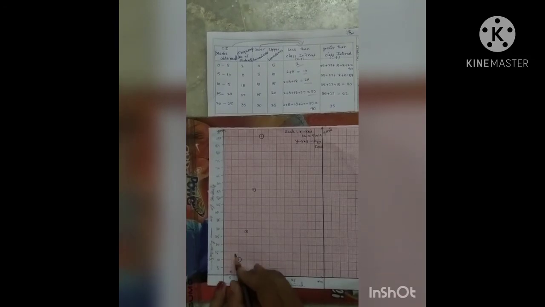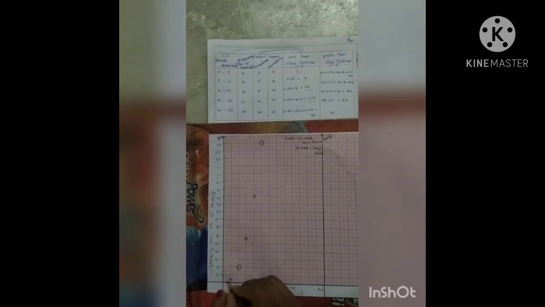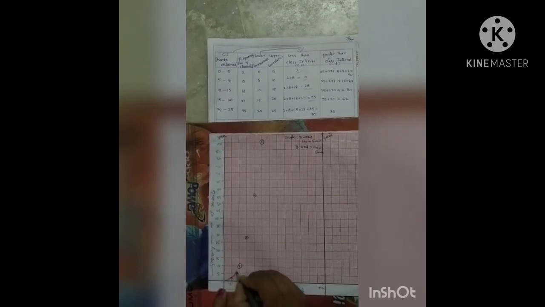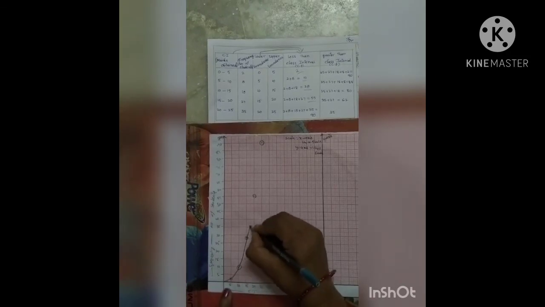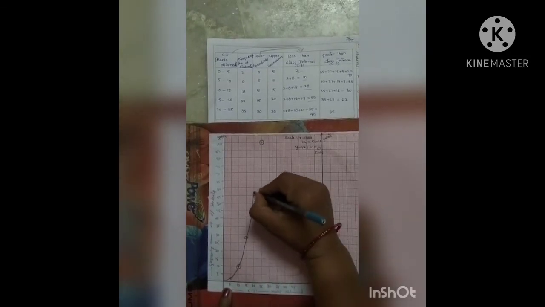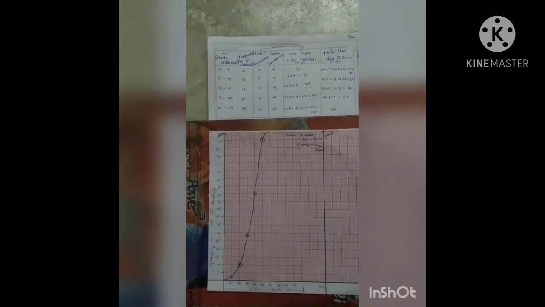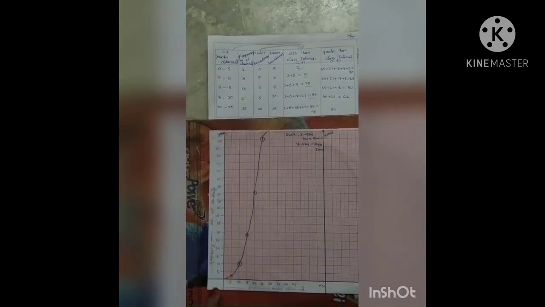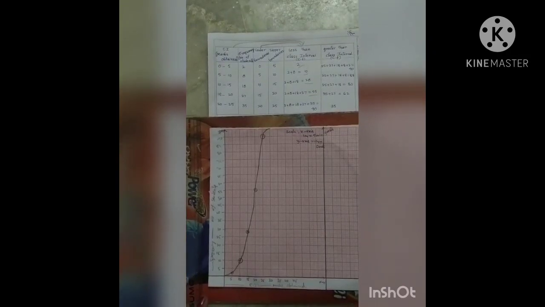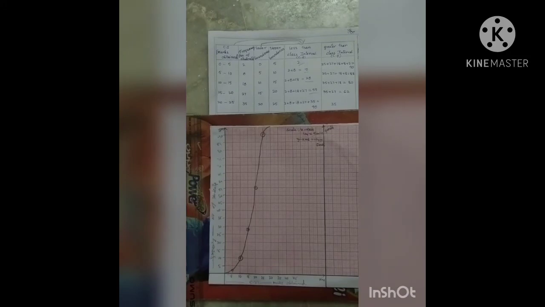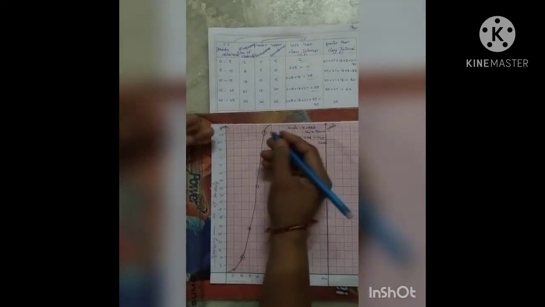Join the lines with the help of a hand. Okay children, it is the graph of the greater than cumulative frequency.